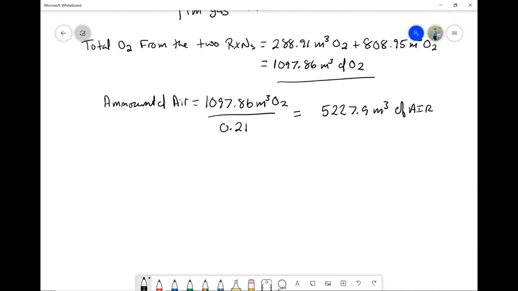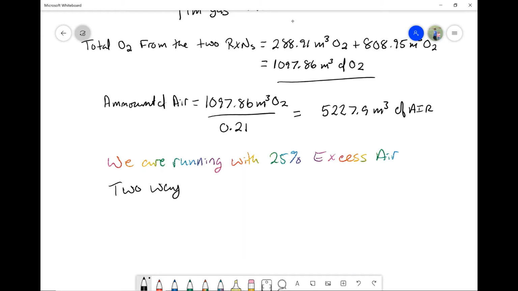But we have 25% excess air. And so there are two ways you could do this to account for this.